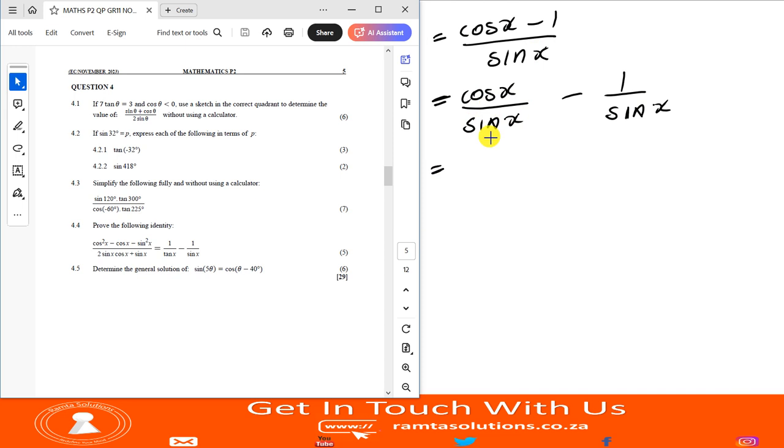But now this is cosine over sine, so it means it must be reciprocal, which is 1 over tan x. Minus 1 over sine x. Therefore, isn't this equal to the right-hand side? It is equal to the right-hand side.